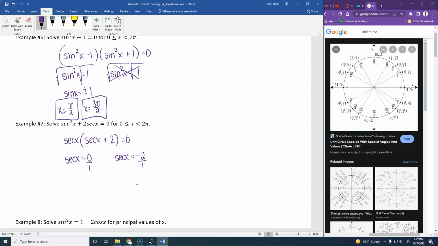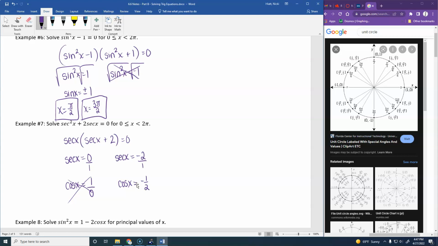So if secant x is 0 over 1, then cosine of x would equal 1 over 0, which is undefined. And cosine is defined everywhere. It is defined for all real numbers. So this actually does not give us an answer. But right here, if we flip this for that reciprocal identity, cosine is going to equal negative 1/2.